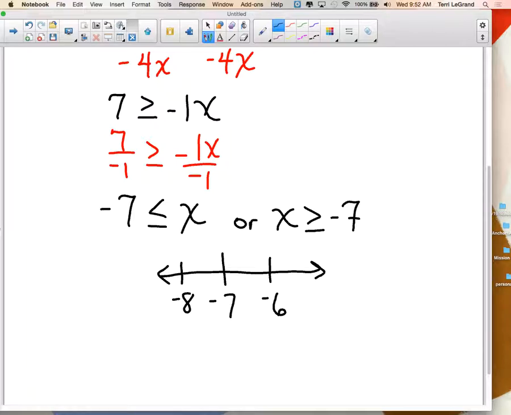Those are called neighbors that are integers, okay? So, should I shade that circle in like I did? Yeah. Why? -7 is part of the solution, okay? What other numbers are? -6, in that direction, head that way.